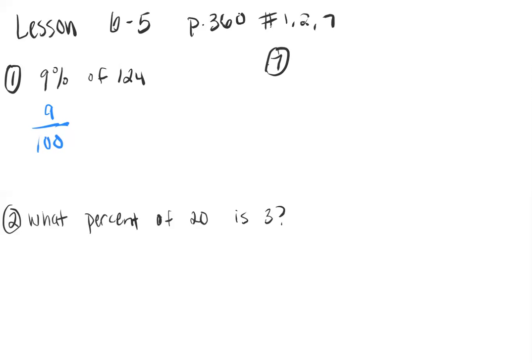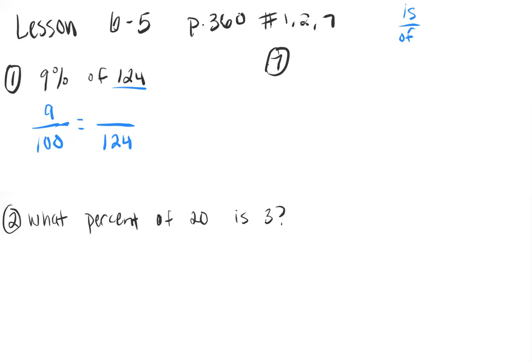When I'm setting up a proportion, I think of is over of. I'm trying to figure out the part to the whole. So 124 is my whole, so that's going to go down in my denominator.